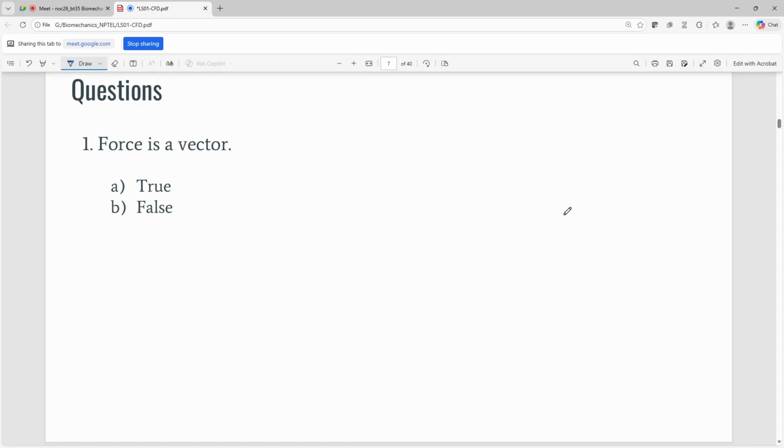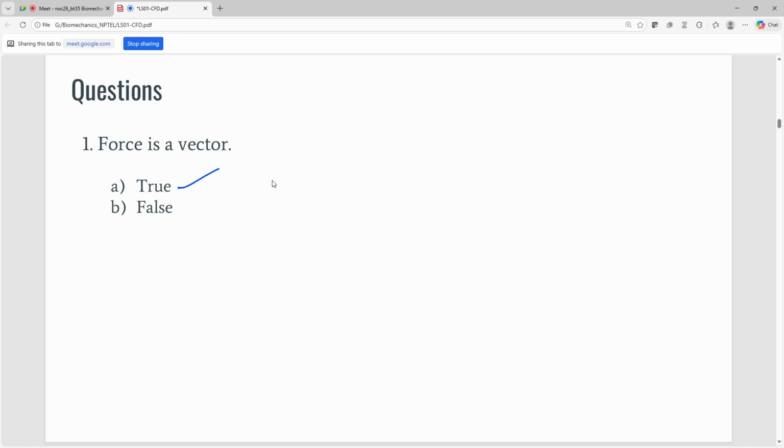We have already discussed that a few minutes before. Force is a vector because it is represented by magnitude and direction.